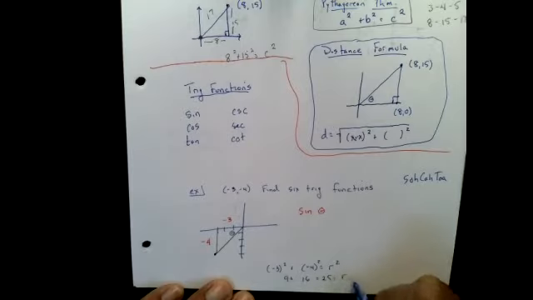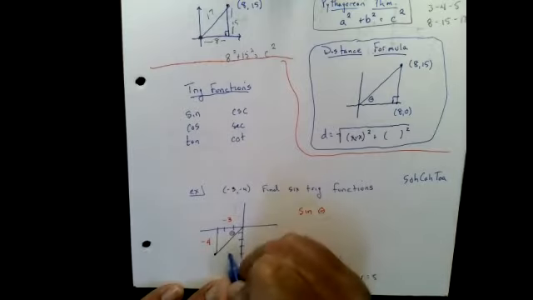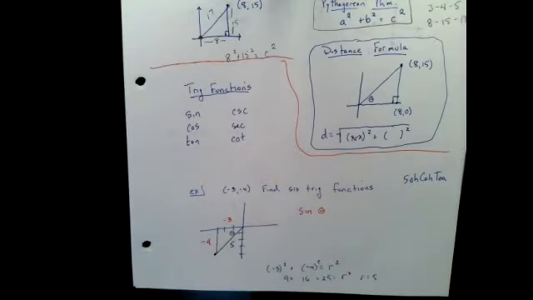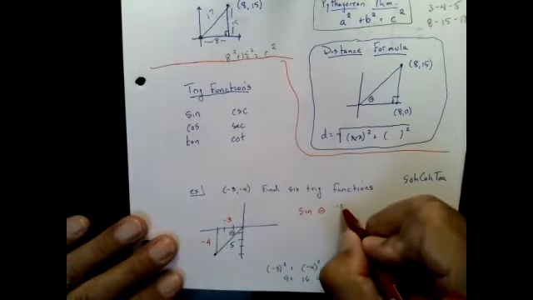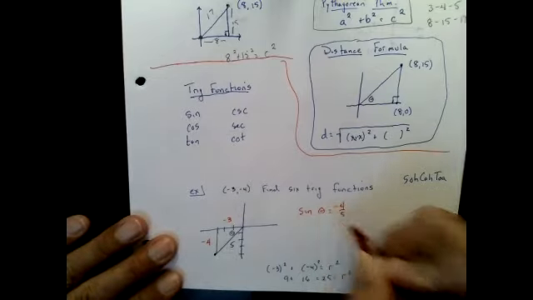That's going to be R squared. R equals 5. So that's a 5. So now that I drew the triangle, it's going to be a lot easier to find the sine of theta. Opposite over hypotenuse, -4/5.